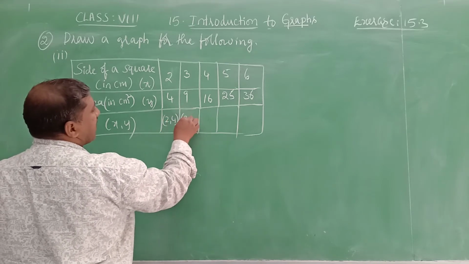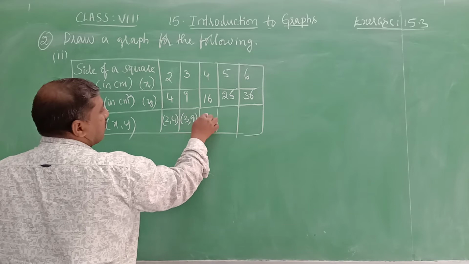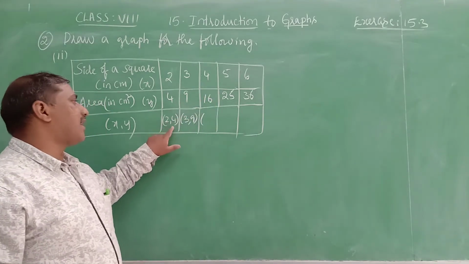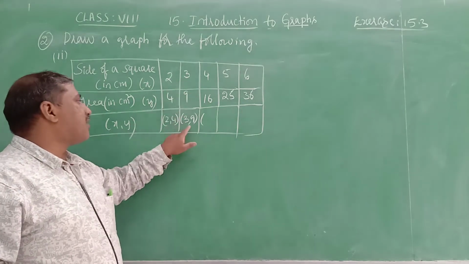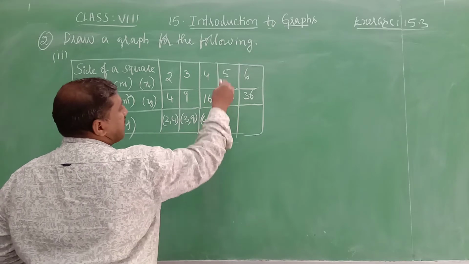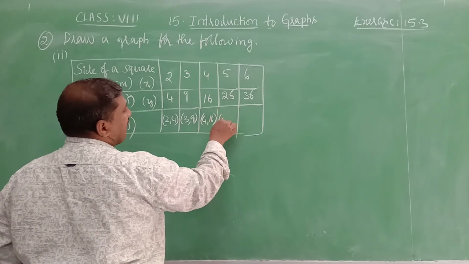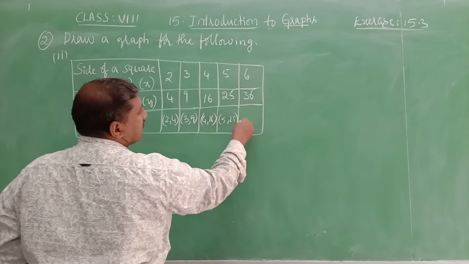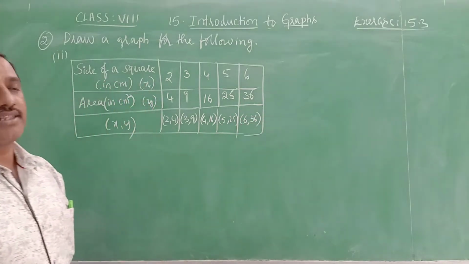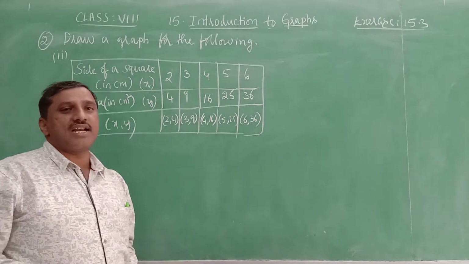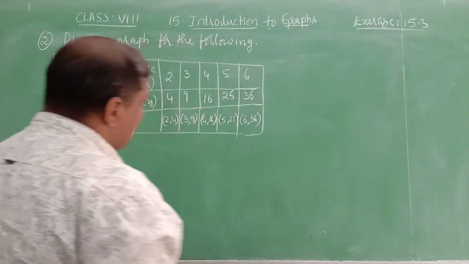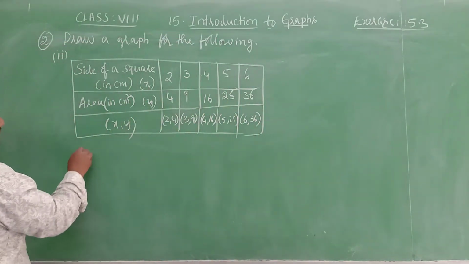The second point is 3 comma 9. The third point is 4 comma 16 and the fourth point is 5 comma 25. Then the next point is 6 comma 36. Now we have to represent these values on the graph sheet. Is it a linear graph? Question again.